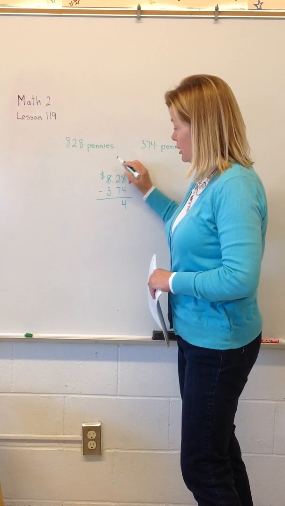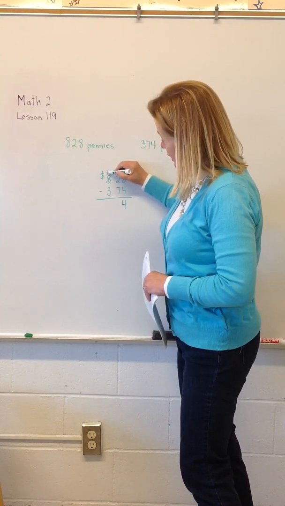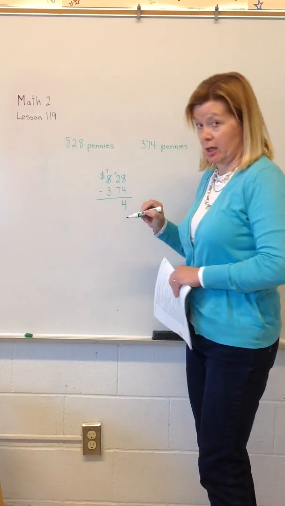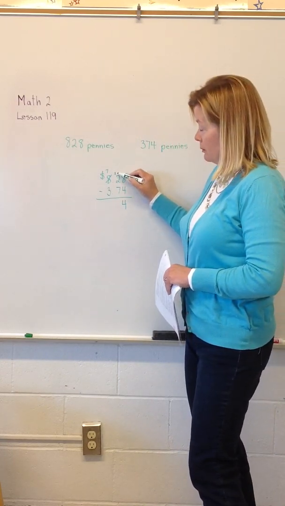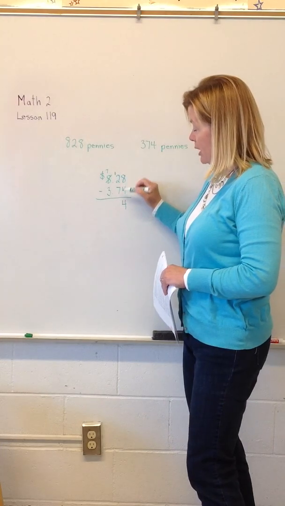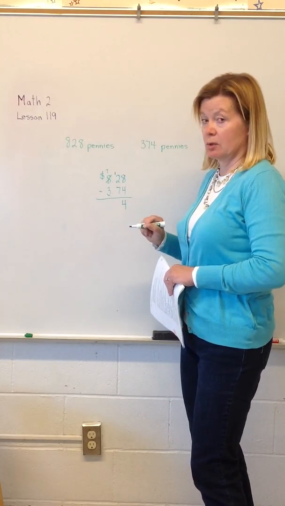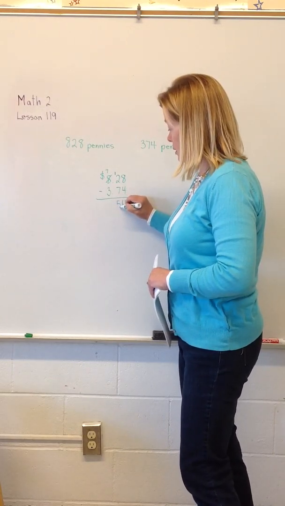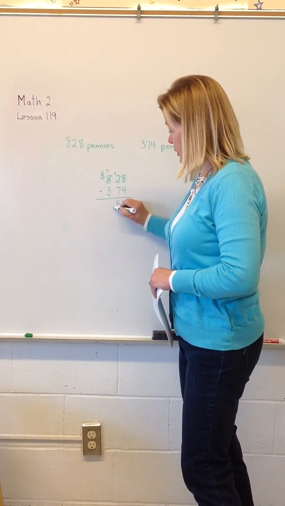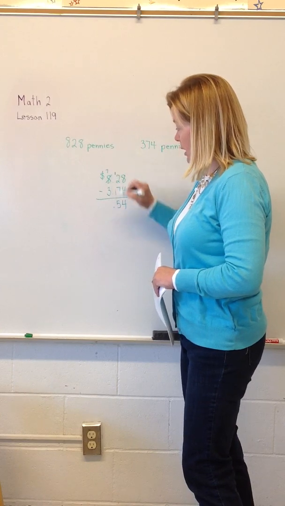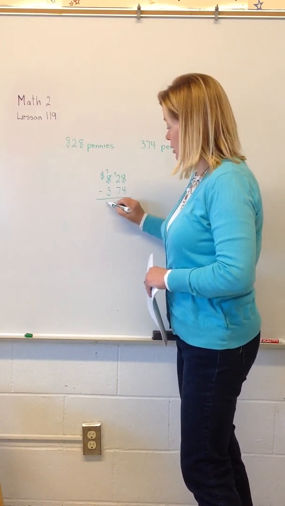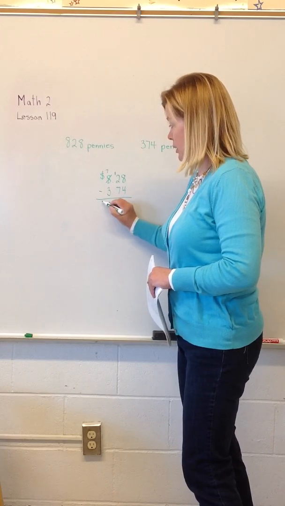Remember, this is $1, so this now becomes $7, and I've now put 10 dimes over there. So now I have 12 dimes minus 7 dimes equals how many dimes? 5. Remember to put in the decimal point because it's right there. And how about $7 minus $3? $4. And my dollar sign.